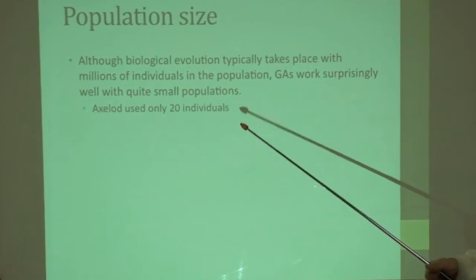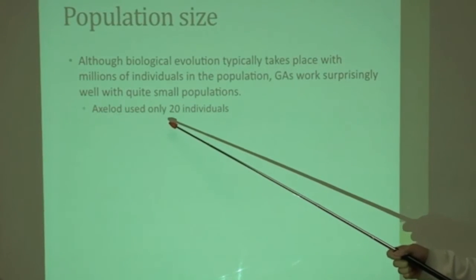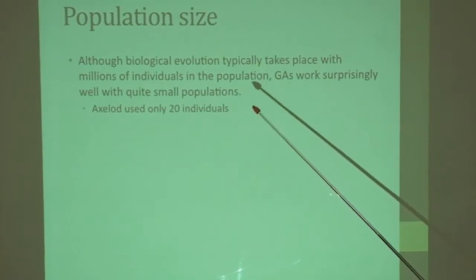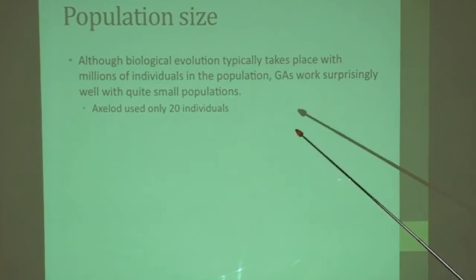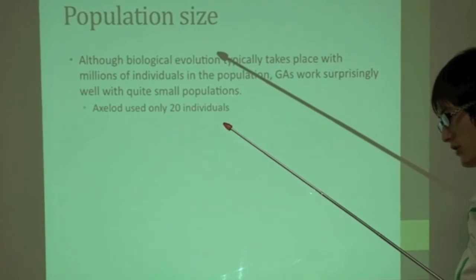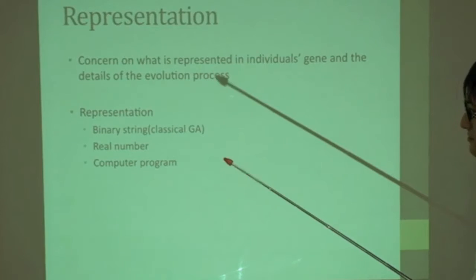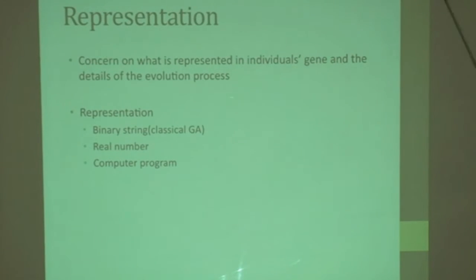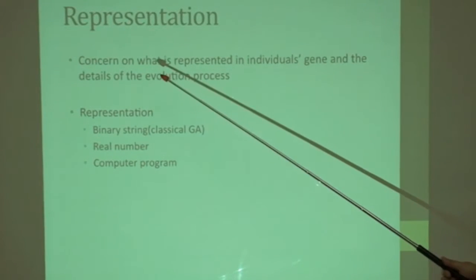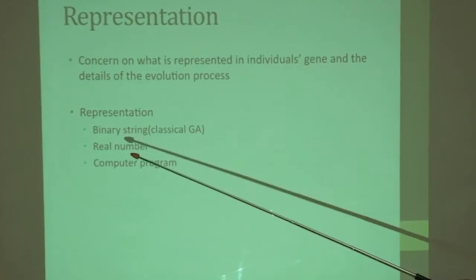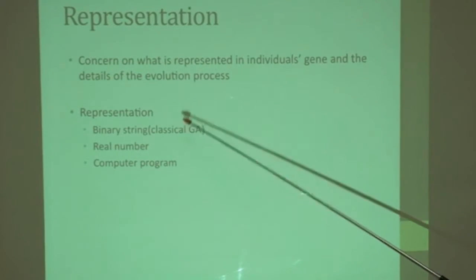For example, Axelrod used only 20 individuals, and he succeeded in evolving a strategy. And the concern is what is represented in the individuals' genes and the details of the evolution process.